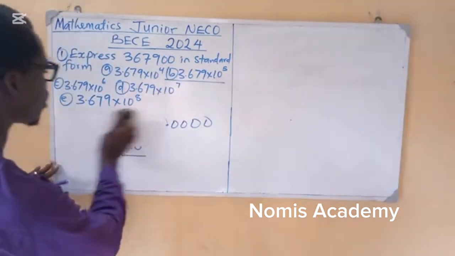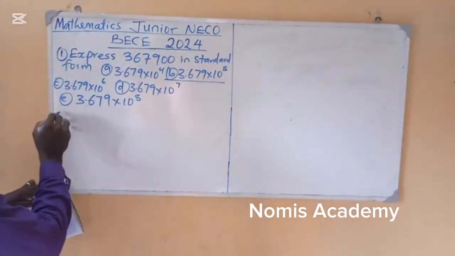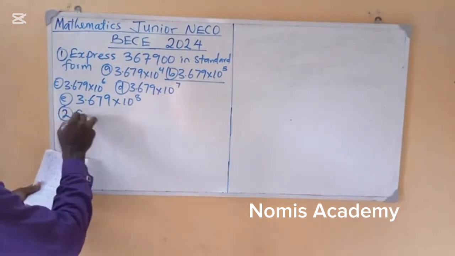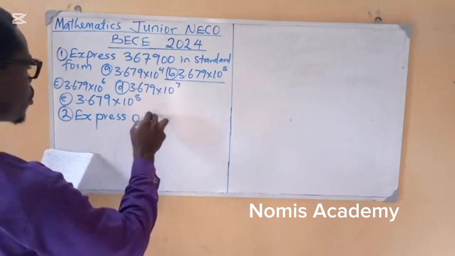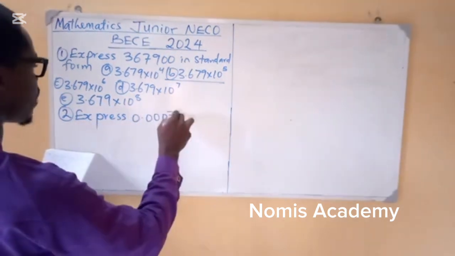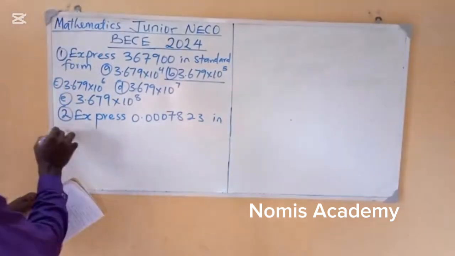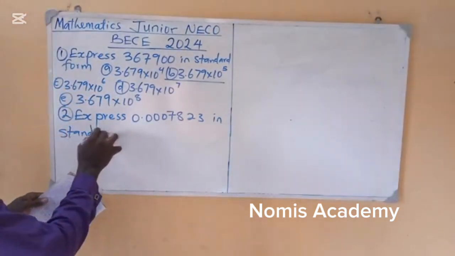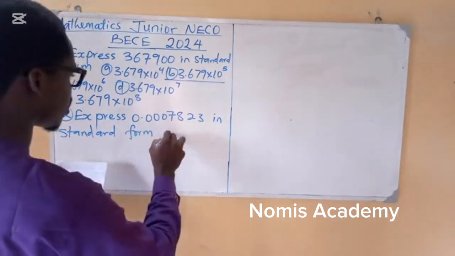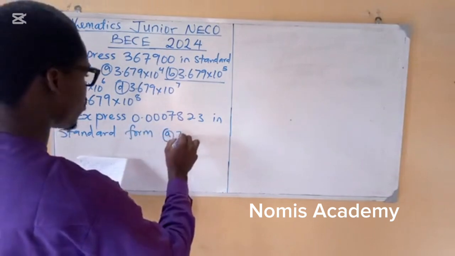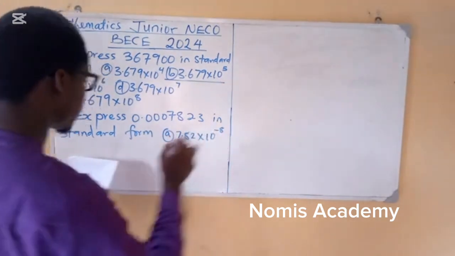So let's go to the second problem. Number 2, we are also asked to express 0.0007823 in standard form. Now the options are: A, 7.82 times 10 raised to the power of minus 8.